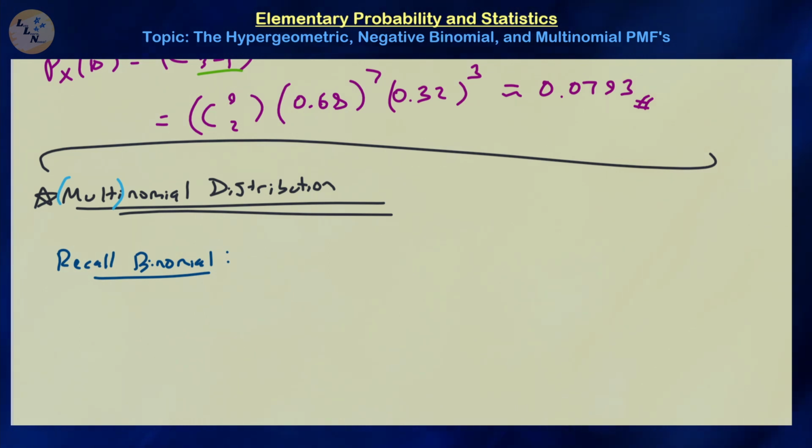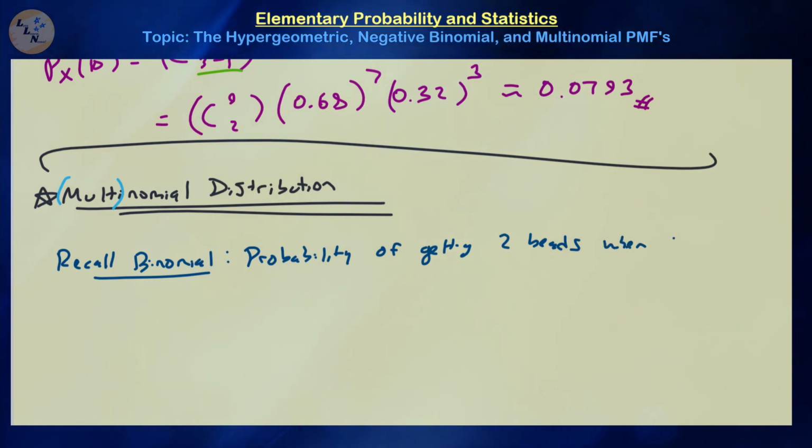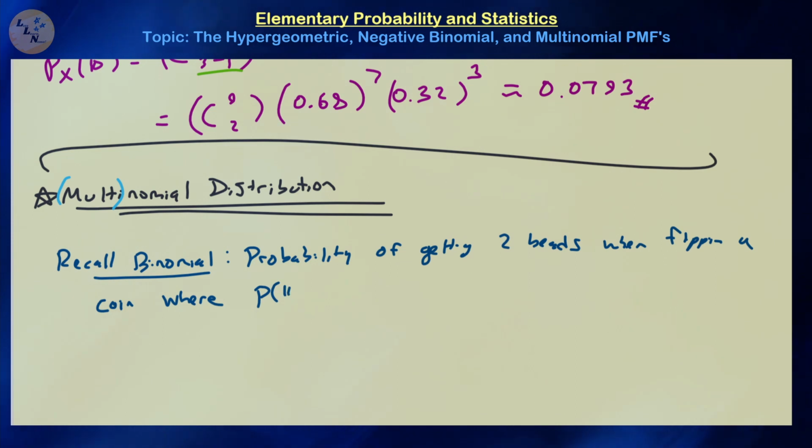So let's assume we want to solve the probability of getting, for example, 2 heads when flipping a coin, and let's assume it's not a fair coin. So let's assume that the probability of getting heads is 0.49.